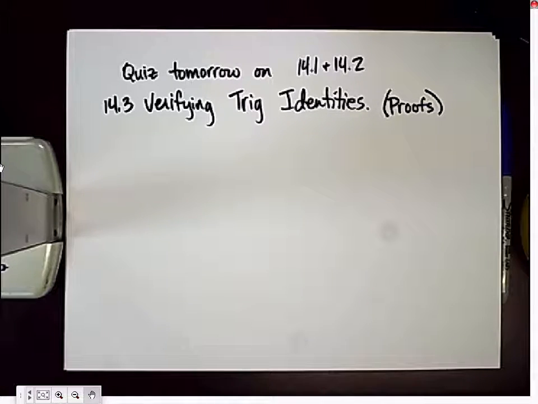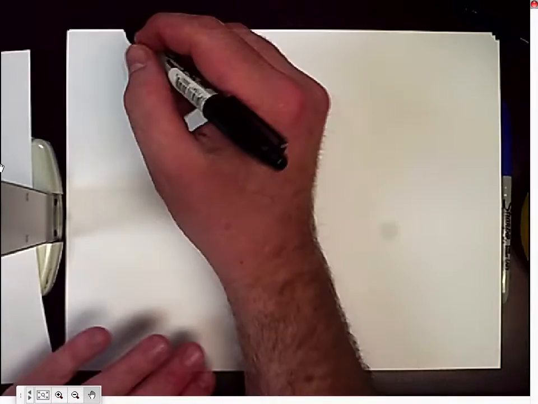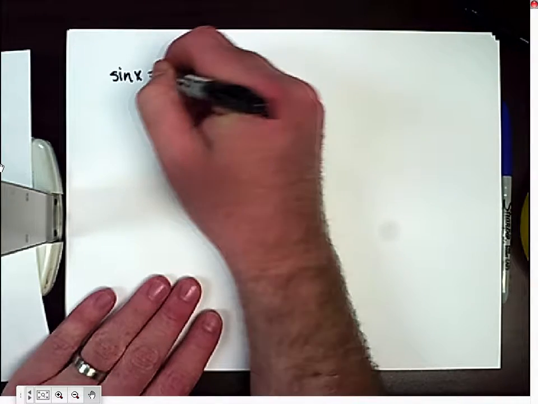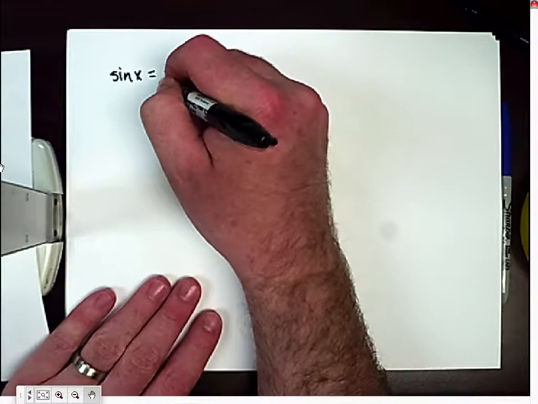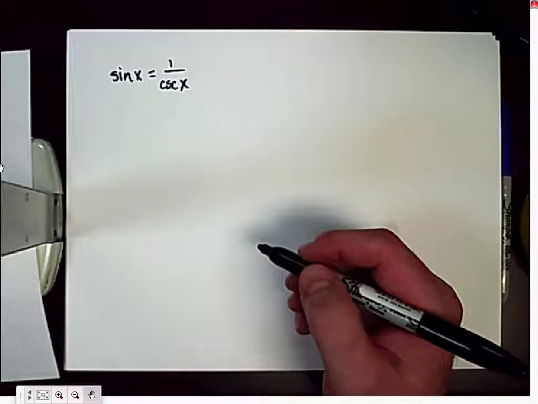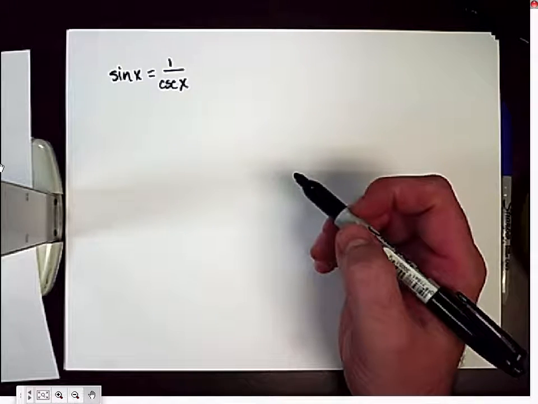we have learned so far a few identities that you can use. Okay? We've learned that sine of x is 1 over cosecant of x, right? Which another way to say that is cosecant x is 1 over sine of x. So there's two formulas for that.